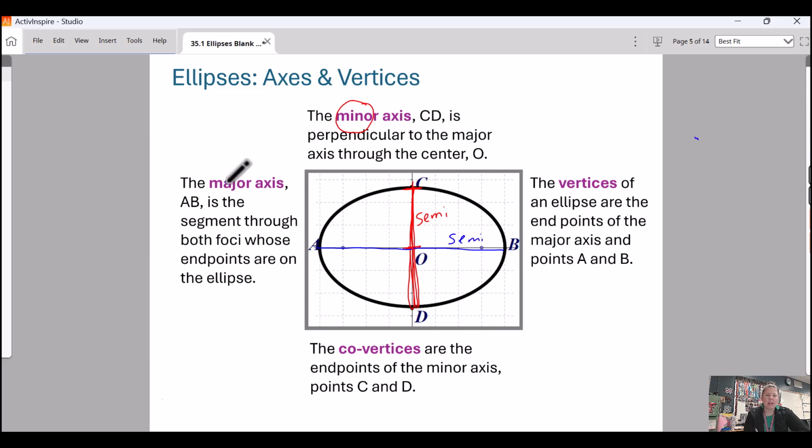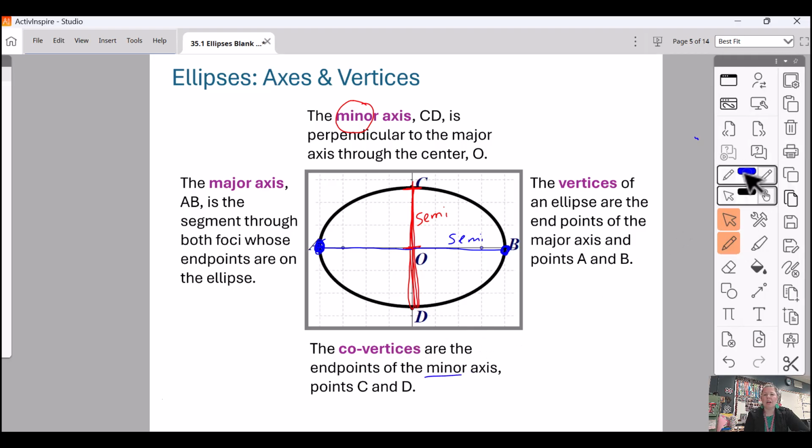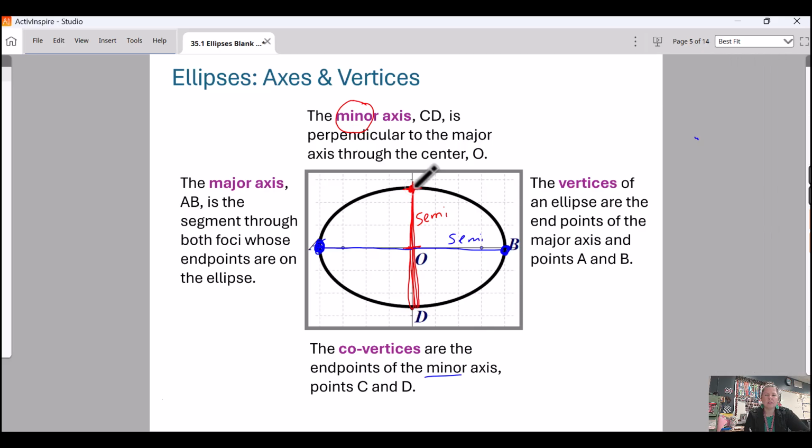The endpoints of the major axis are called the vertices. The endpoints of the minor axis are our co-vertices here. So C and D would be co-vertices, A and B would be vertices.